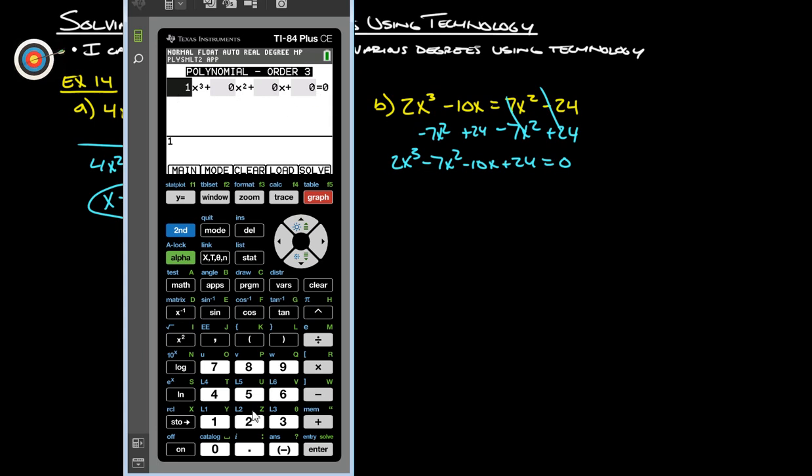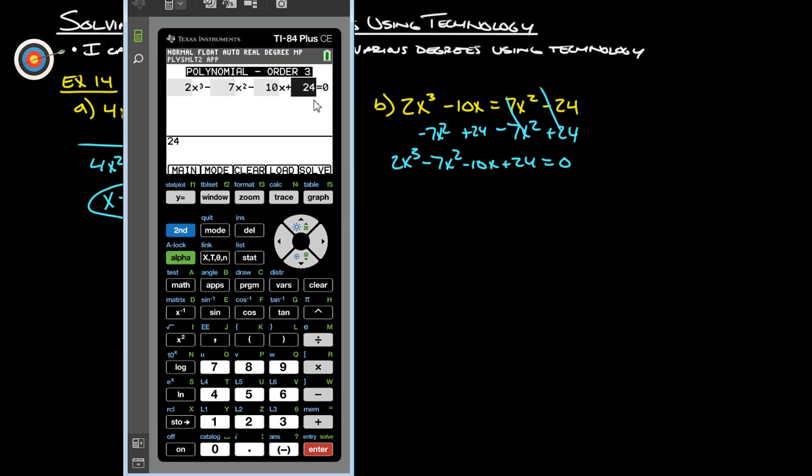So first one is going to be 2, enter, and then we want to subtract 7, so we'll push negative, enter, and then 7. Then we're going to subtract 10, so subtract, enter, and 10, enter. And then we're going to add, so plus, enter, and then 24, enter.